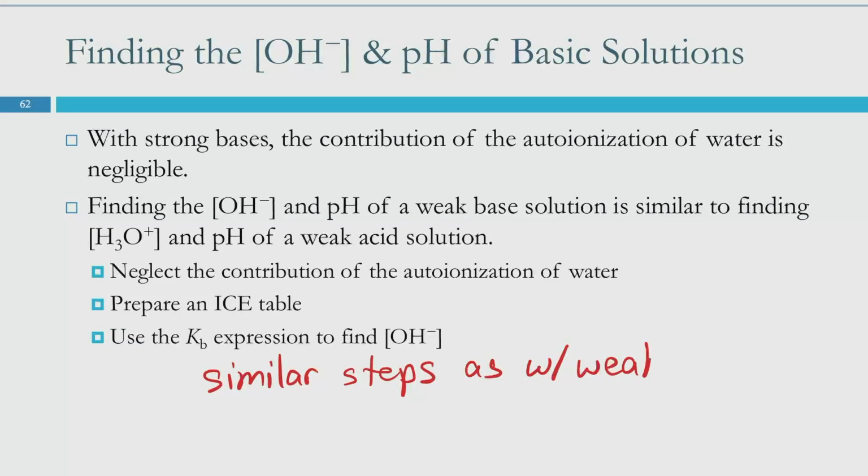So it's similar steps as with weak acids. We do have to add a step or two, depending on how you solve it. Since we're going to be finding the hydroxide concentration, if we want to find pH, we'll have to convert to hydronium, or we'll calculate the pOH and then find the pH from that, using that circle of pH from the first lecture in this chapter.